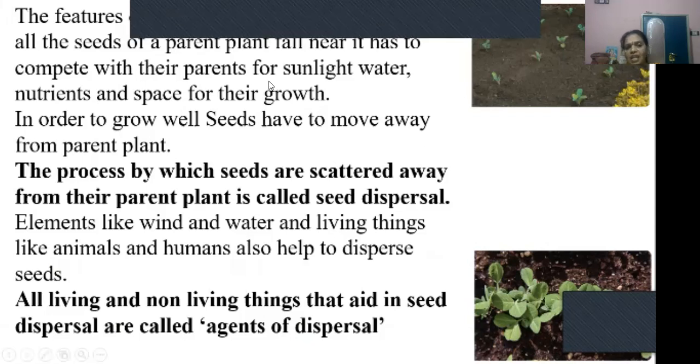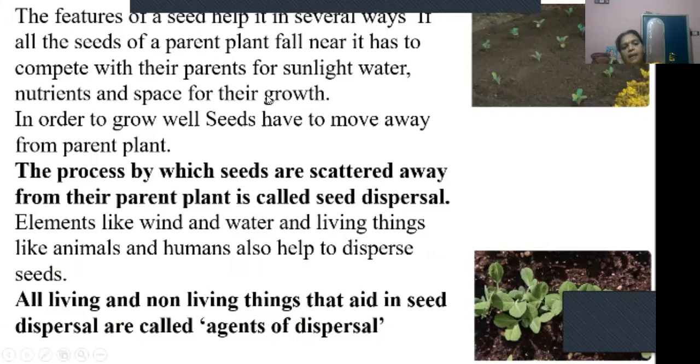If all the seeds of a parent plant fall near it, they have to compete with their parent for sunlight, water, and nutrients for their growth. So in order to grow well, seeds have to move away from the parent plant.